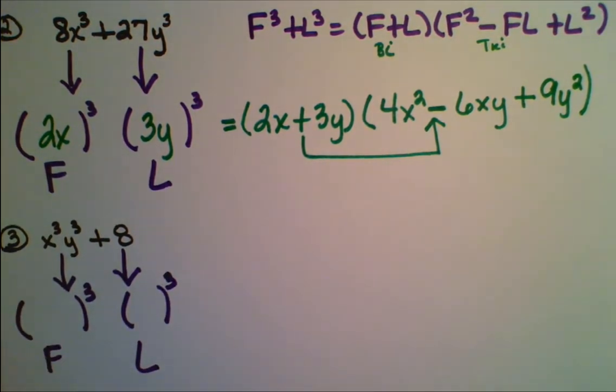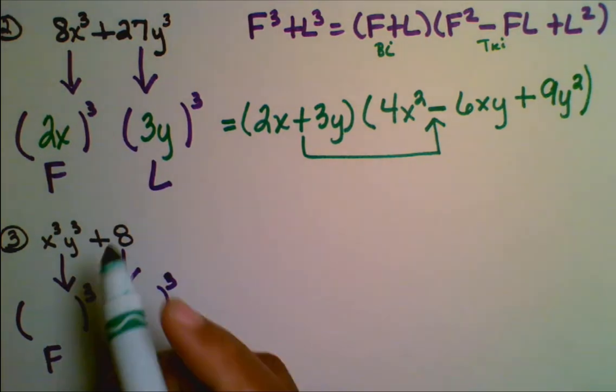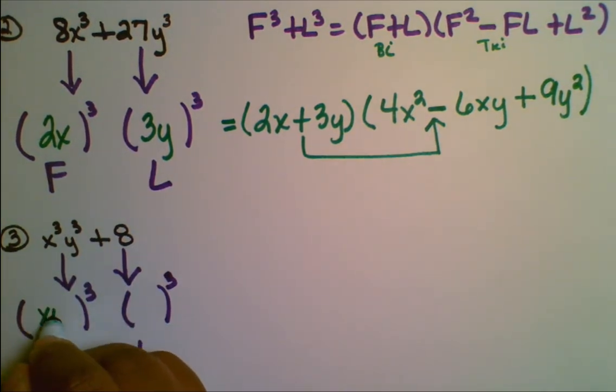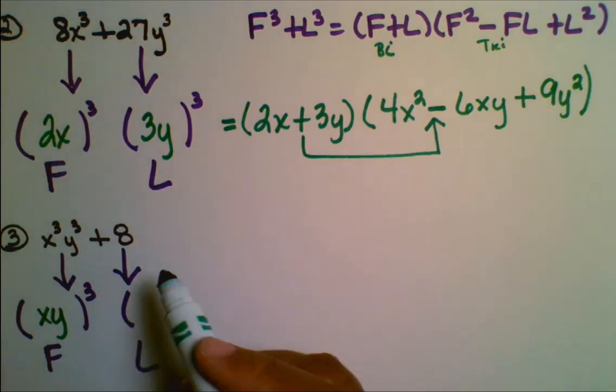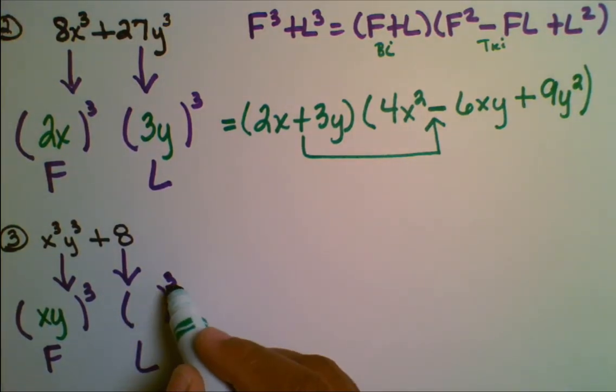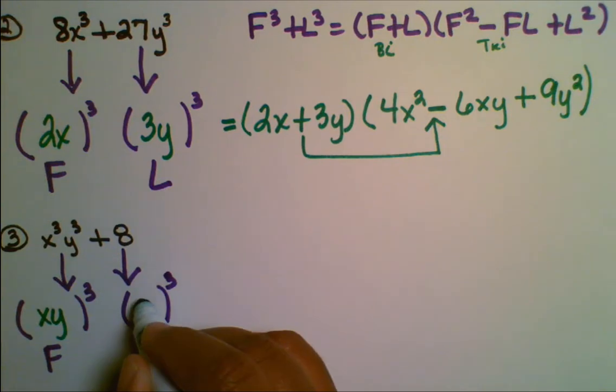So for the first term, that factor would be xy, because xy times xy times xy gives us x cubed y cubed. Fill in the blank. What when we cube it would give us 8? That will be 2.